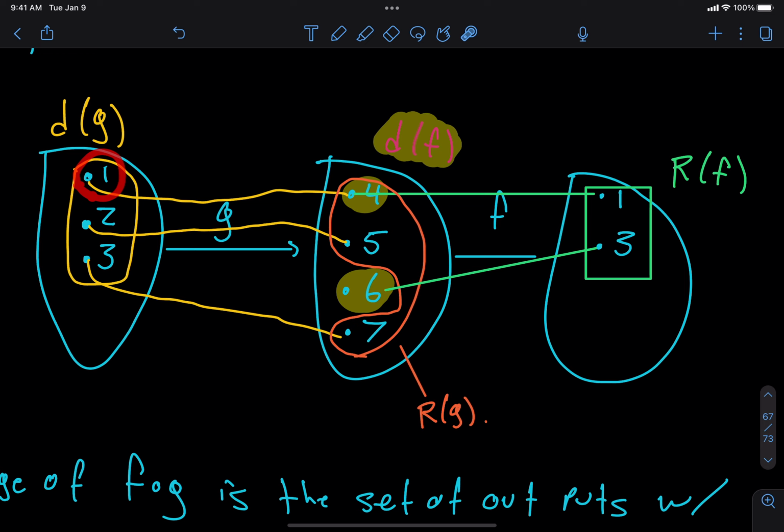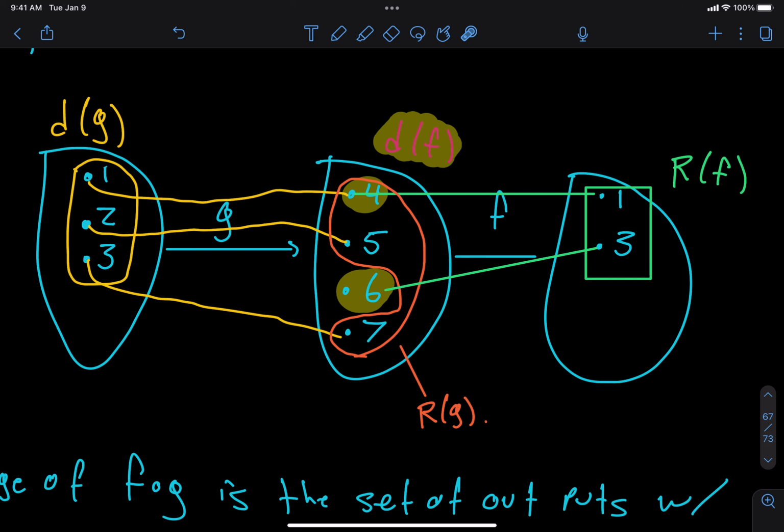Okay, so what we're looking for is I need to be able to go from the start to the middle to the end. Okay, so what's a situation which is not so good? Well, there could be something like 2, right? Which, okay, you're allowed to plug 2 into G, but there's no way to get from the output of G to the output of F, okay, because 5 is not in the domain of F.